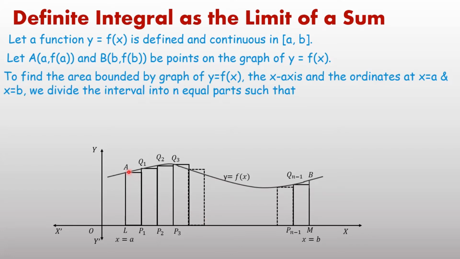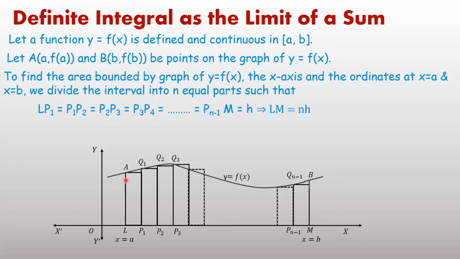Since between a and b it is a curve part, not a straight line, therefore divide the whole length from L to M in n equal parts having equal width such that LP1 is the same as P1P2 equal to P2P3. Similarly, the last P(n-1)M equal to h. Means the width of each rectangular part we can say is h.